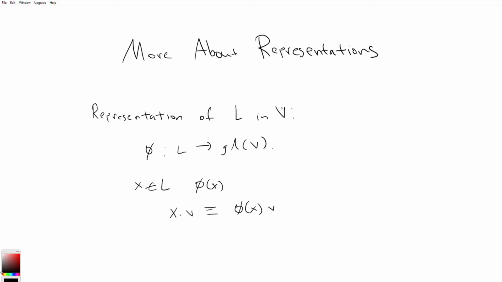And so I'll try to make the V's, when they represent the vector space, big, and the small v's represent vectors in that. But I'm not sure how well I'll do with that.